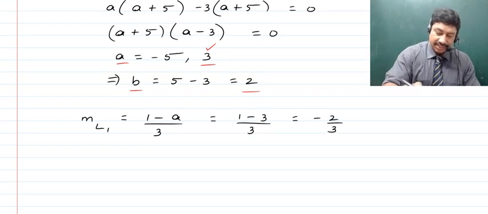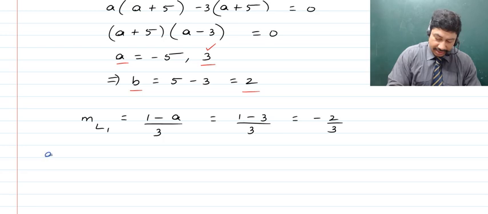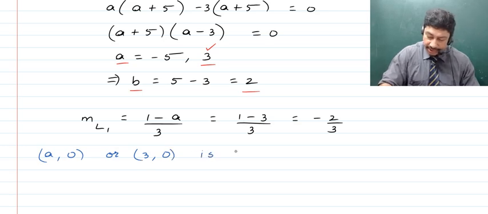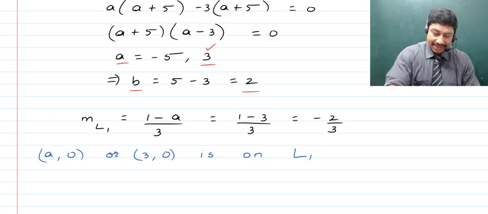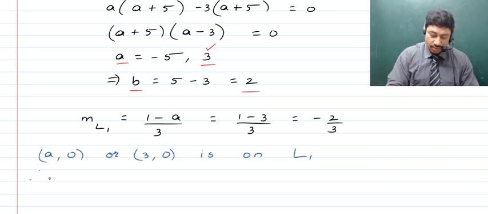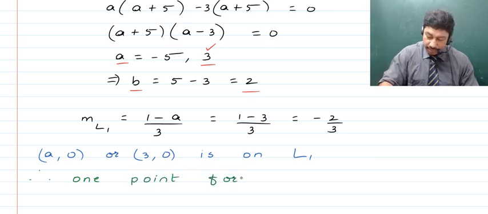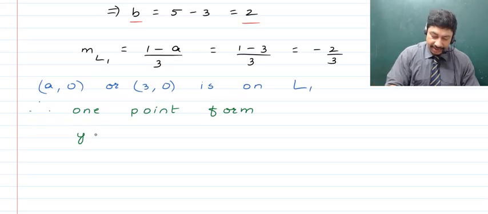So here you will say a comma 0 or 3 comma 0 is on line L1, and therefore you'll be applying the one point form, and the one point form is going to be what? It is going to be y minus y1 is equal to m times x minus x1.